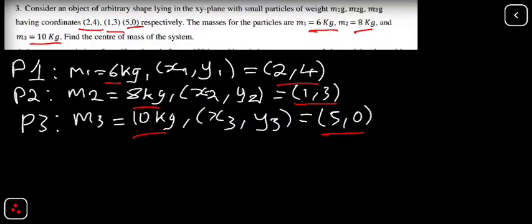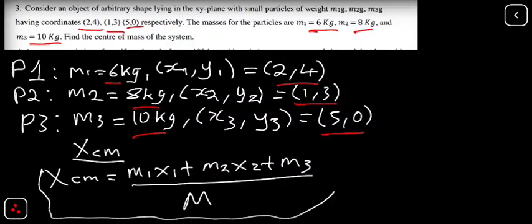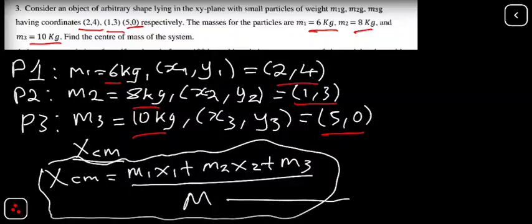For the center of mass of the system, we're going to split the formula into 2 parts. We are supposed to find the x coordinate in centimeters and the y coordinate in centimeters. This is the formula we're going to use to calculate the value of x, where the capital letter M is the total mass.